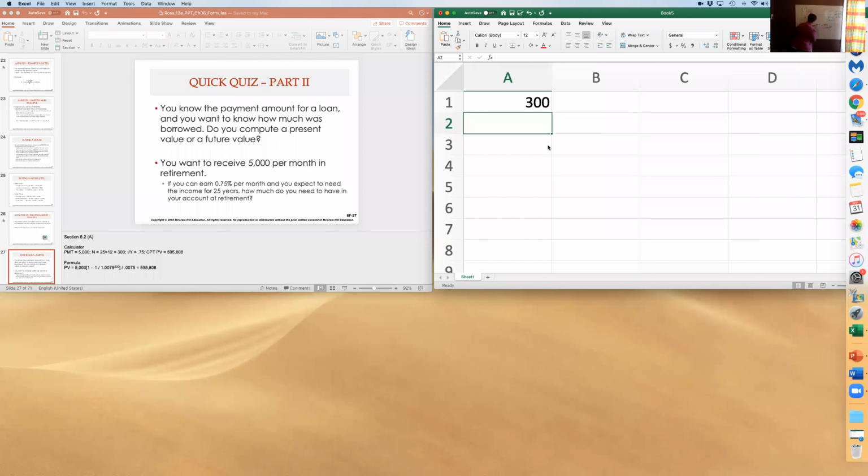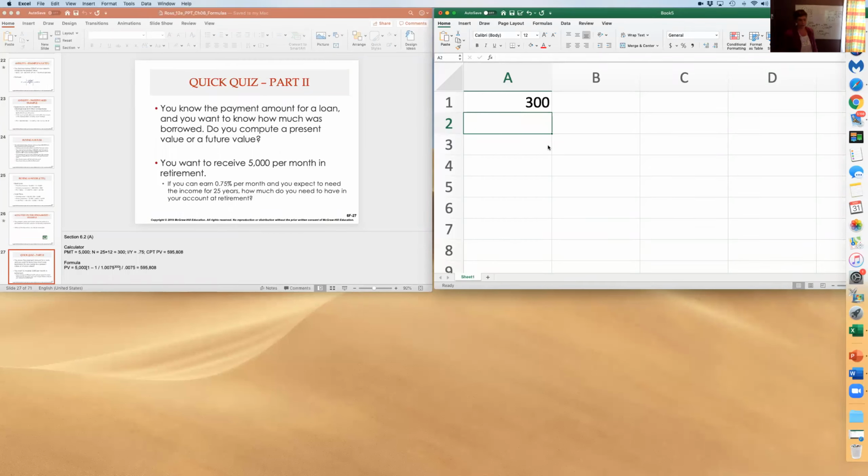And you do this 300 times, all the way out to the 300th payment. And that last payment, present value, is going to be 5,000 divided by 1 plus 0.0075 raised to, and it's 25 years times 12, which is 300. That's the number of periods.